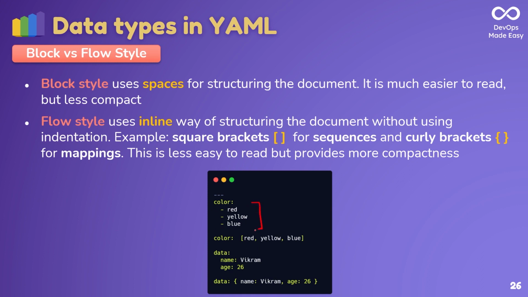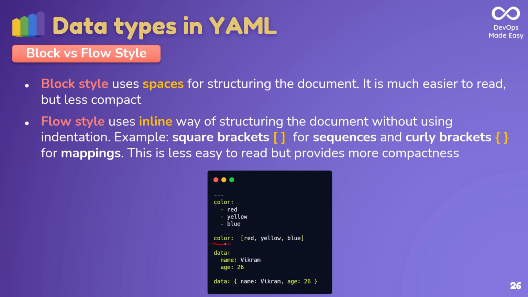So this is a block. Block style uses spaces for structuring the document. It is much easier to read but less compact, because this will occupy a lot of space. In case of flow style, these are called the inline way of structuring the document.